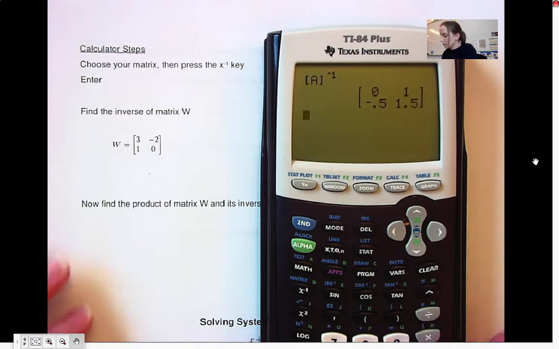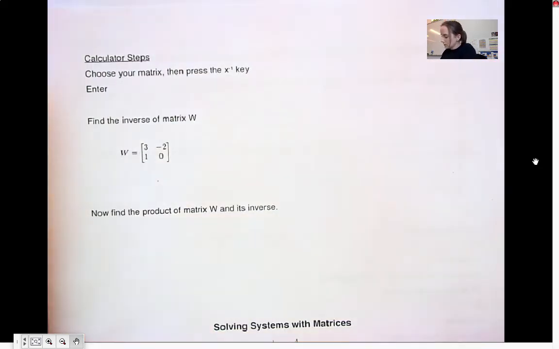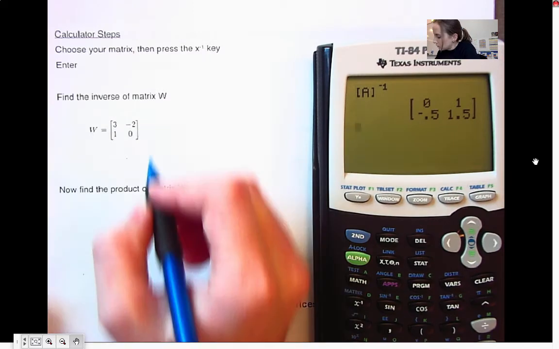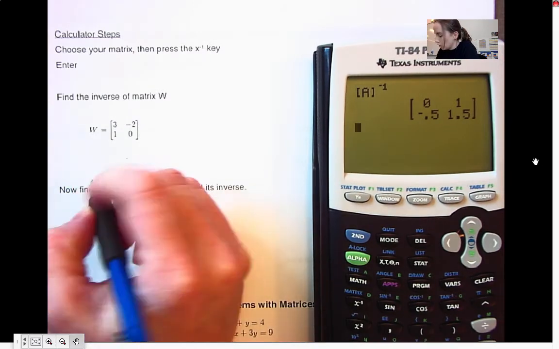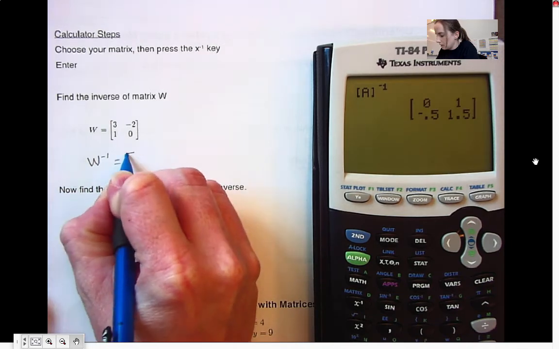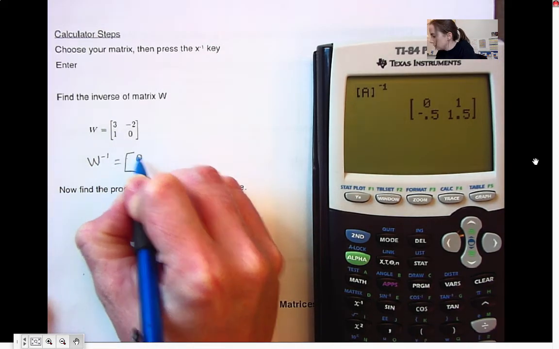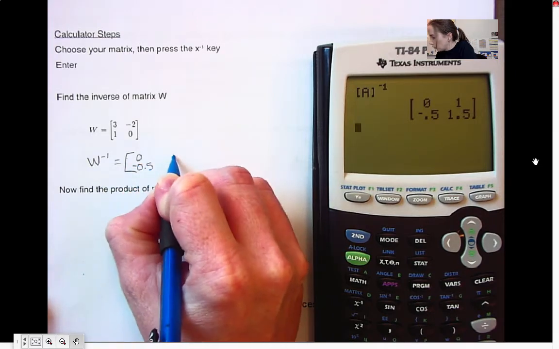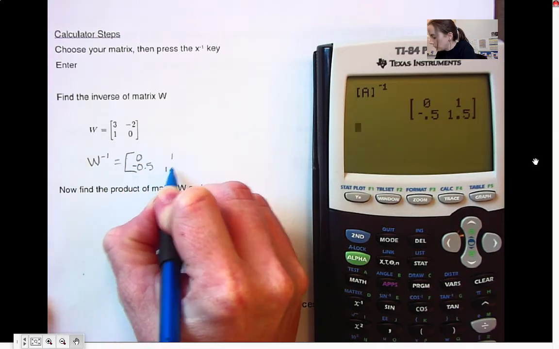That is your inverse. And so the inverse, we'll call it W to the negative 1, is 0, negative 0.5, 1, and 1.5.